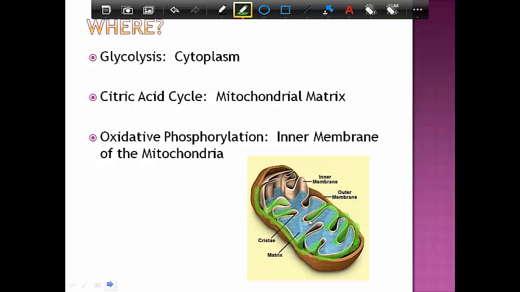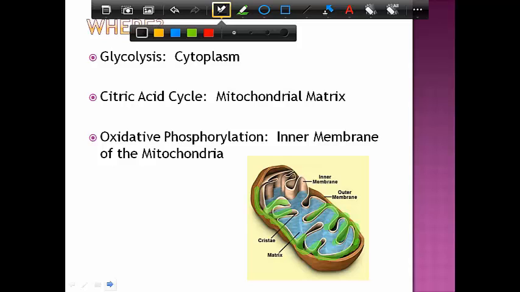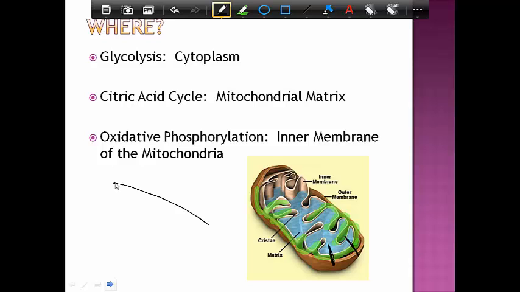We're going to look at just a little section of that intermembrane space, from here to here. So here's the inner membrane, this folded membrane.